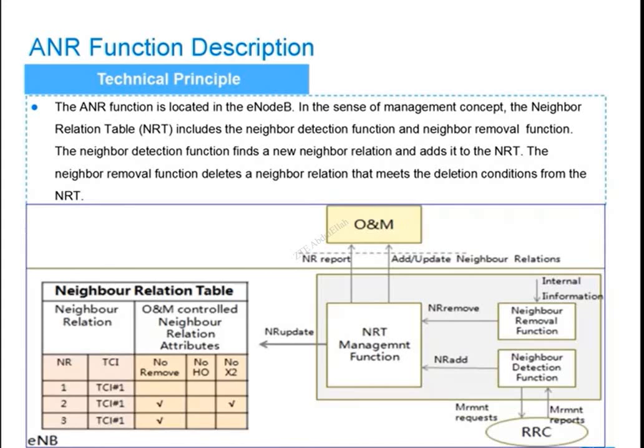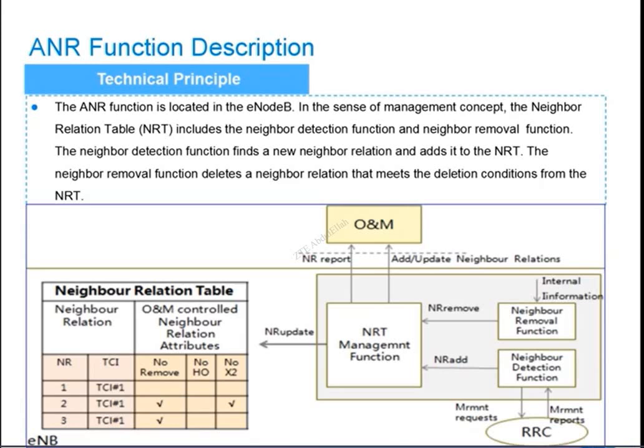Let's see the overall technical principle. The ANR function is actually located on the eNodeB side. The OMC just sets the ANR function strategy, but how to add and delete neighbor relations is realized by the eNodeB side. In the measurement concept, the neighbor relation table includes a neighbor detection function and a neighbor removal function.